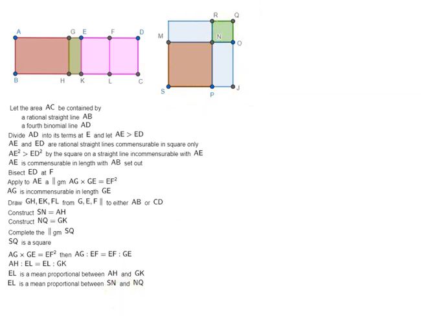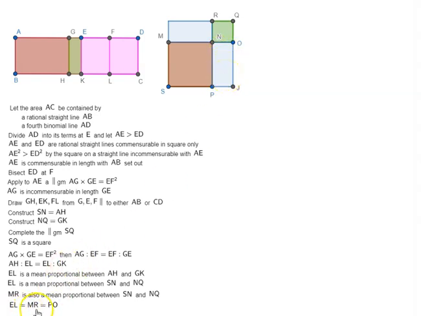Now, based on the lemma, we also know that MR is a mean proportional between SN and NQ. So EL is equal to MR, and this rectangle is equal to this rectangle.